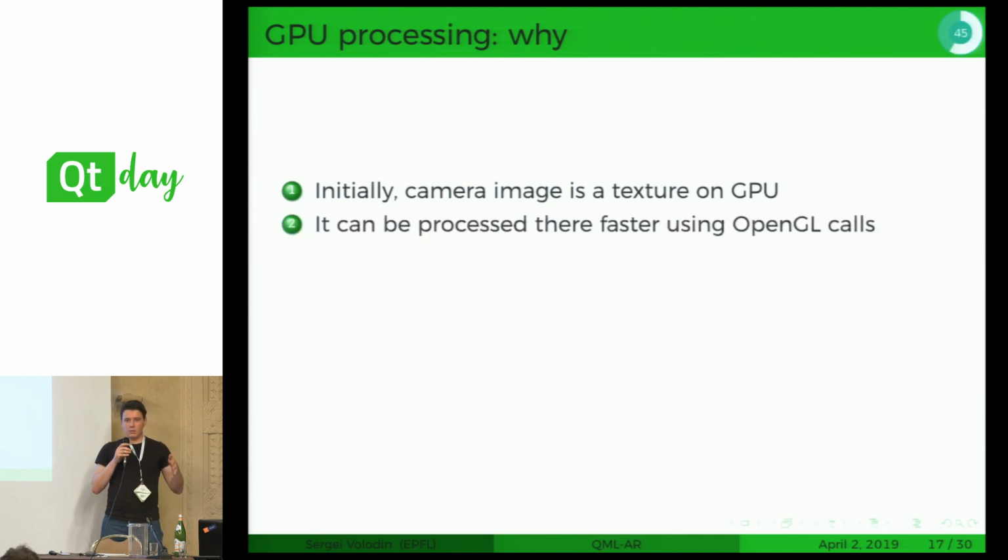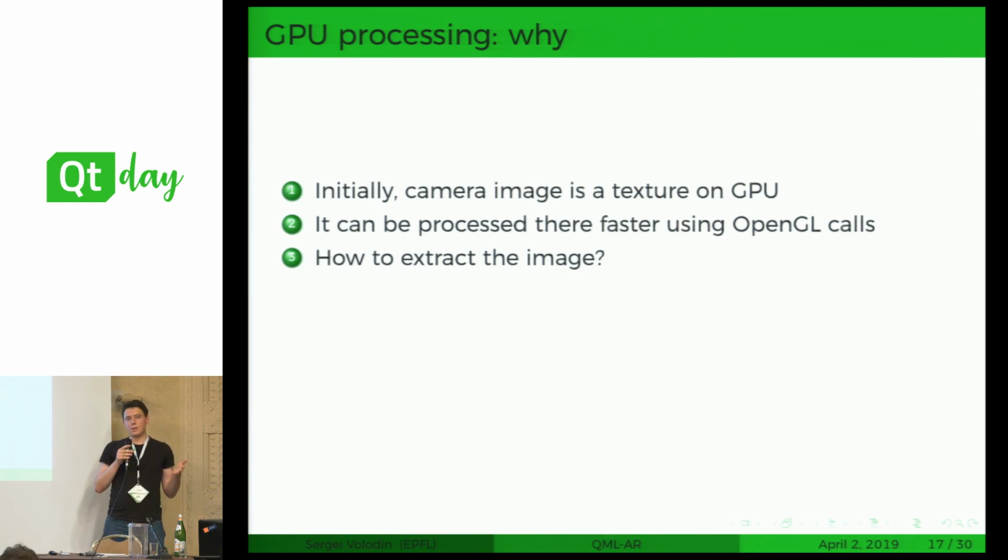Then the idea is to process it on the GPU instead of using the CPU. And it can be done very easily using OpenGL calls. For example, to convert color space, all we need is just a shader. But at the end, what we have is an image in the memory of the GPU. So this is not exactly what we want.